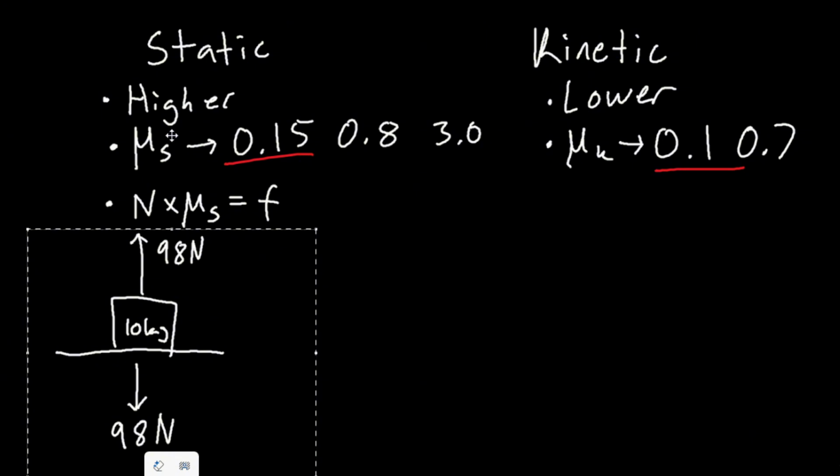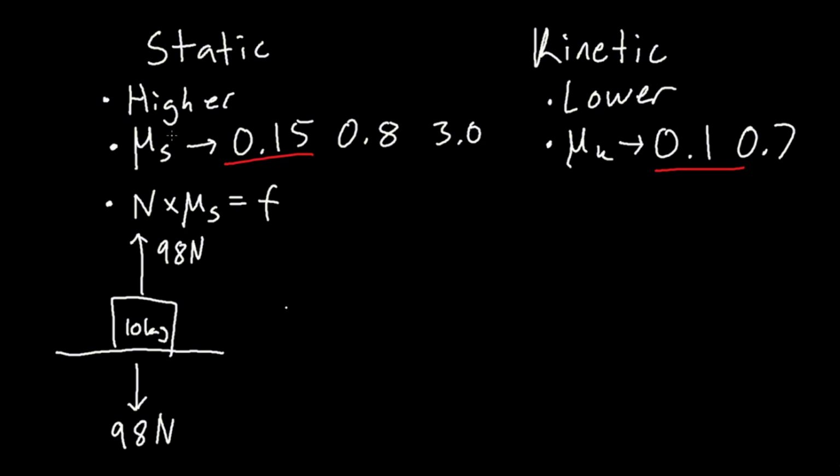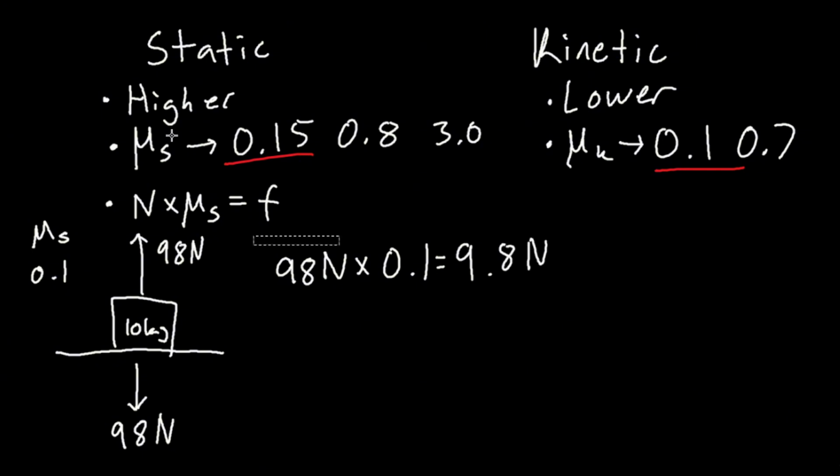Since the normal force is also 98 newtons, you would multiply 98 newtons by the friction coefficient. Let's say the friction coefficient in this case is 0.1 for static friction, non-moving. So your total force of static friction is 9.8 newtons.